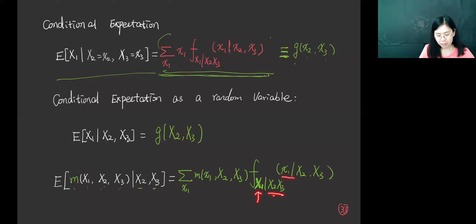Well, in the argument of the function, because we are evaluating the PMF at the little x1 value, which we are summing over, this should be the little x1 value, a realization of X1. Well, we are conditioning on X2 and X3, but we are not given the specific realization of these 2 random variables in this particular problem. So we use the capital letters X2 and X3.